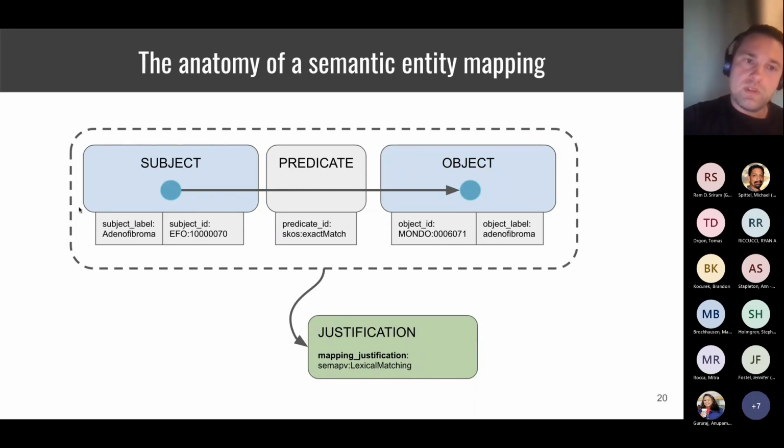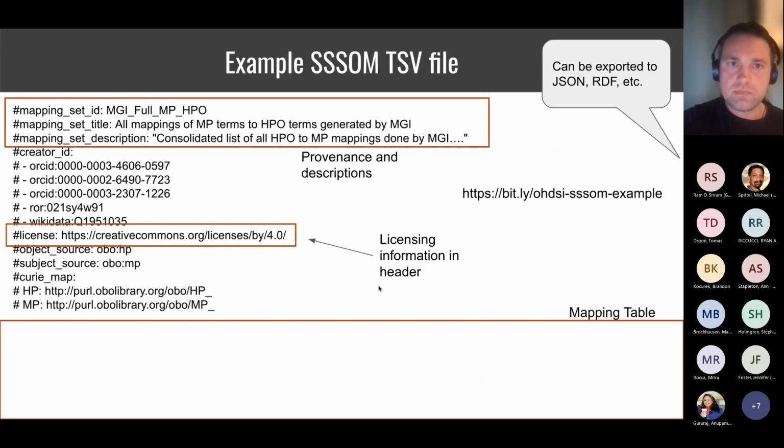And then the other very important piece of the SSSOM basic design is the idea of a justification. We should be able to justify a mapping somehow, to say, for example, we have determined this mapping based on a lexical matching process, or a clinical expert reviewed this and determined this mapping.